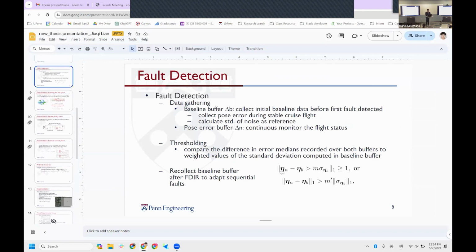When we use the error medians, for the low severity level it takes longer for the buffer to have a median that reaches the threshold. So it takes longer. However, for the one with larger severity level, it takes shorter for the medians to reach the threshold value.